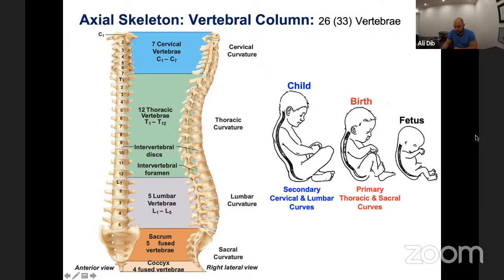Now, there are certain conditions where you may have the 5th lumbar vertebra fused to the sacrum, and that's called sacralization. There's also a condition where the top of the 5 fused vertebrae is unfused, creating a 6th lumbar vertebra, and that's called lumbarization of the spine.